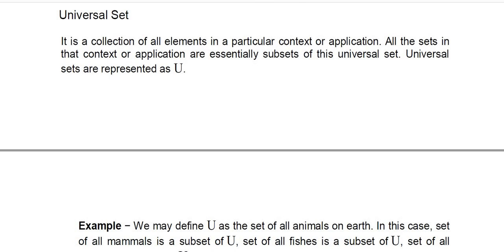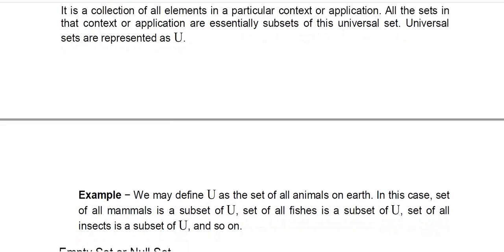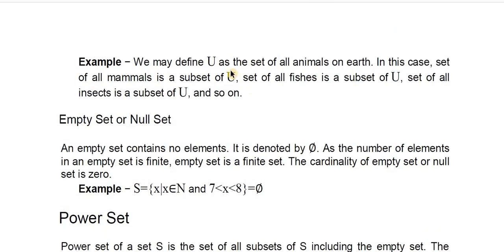Next, universal set. Very important set. So universal set is a collection of all elements in a particular context or application. All the sets in that context or applications are essentially subsets of this universal set. Universal sets are denoted as capital U. For example, we define U as the set of all animals on the earth. So the set of all animals in the earth we can say as a universal set.